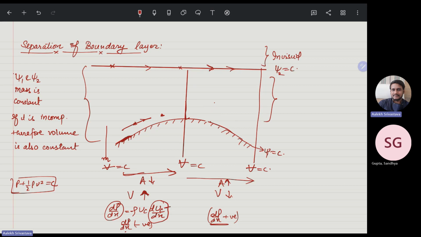Let's assume in this way. So here we have a no slip boundary condition, and nearby we have very little velocity. And the pressure gradient says that here you have a higher pressure gradient at this point, and a lower pressure gradient there.